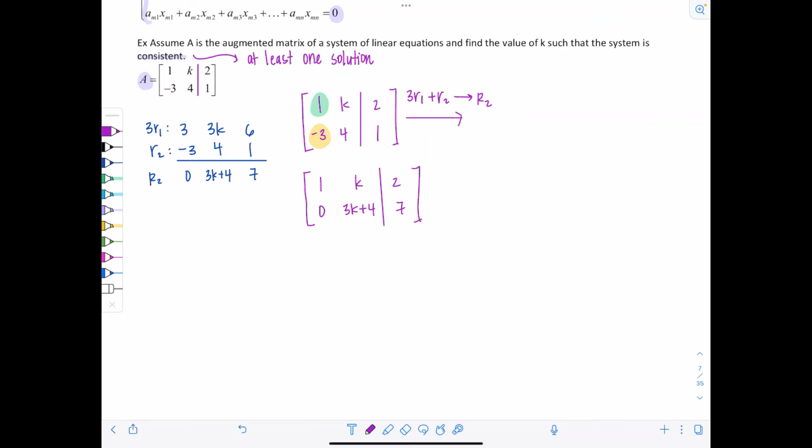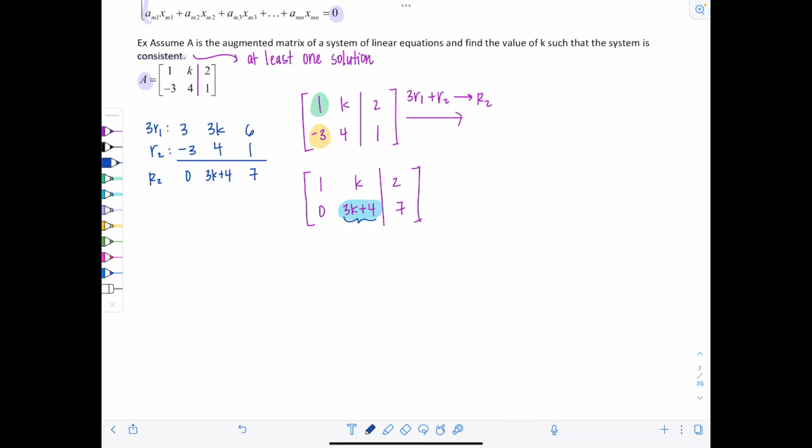Okay, what would create a scenario where we have an inconsistent system, which we don't want? Well, if you'll remember from the previous lesson, if a false statement arises, then the system is inconsistent. And a false statement would come from 3k plus 4 equaling 0, right?